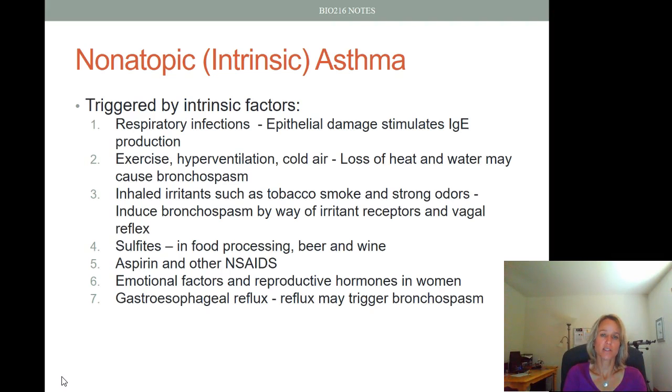Inhaled irritants such as tobacco smoke and strong odors can induce bronchospasm. Sulfites, like metabisulfites found in some food processing and beer and wine, can trigger this. Aspirin and other NSAIDs. Emotional factors and reproductive hormones in women. And then gastroesophageal reflux. Reflux is actually a fairly common cause of asthma.